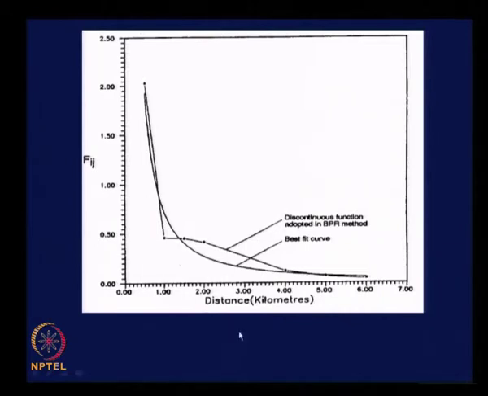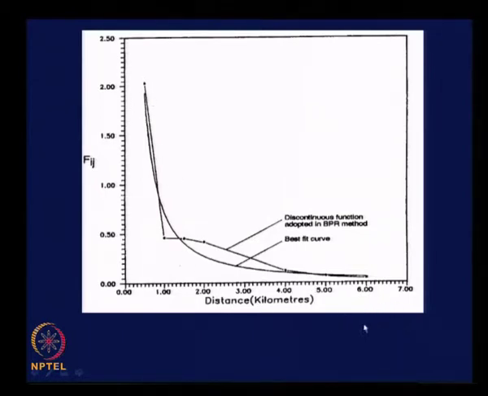And you can see the distance segments used. If you are making it continuous, do not worry about this curve; this is just to show you the difference between a discontinuous function and a continuous function.